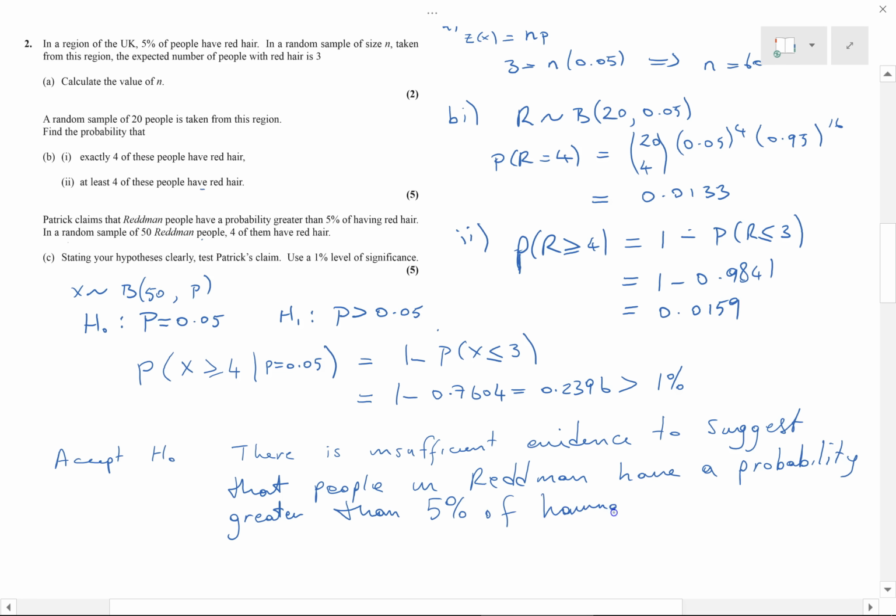You need those words, you need to mention the original context, and you need to bring it back to the context of what you actually put it in.